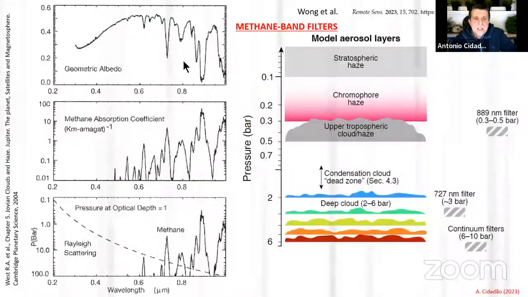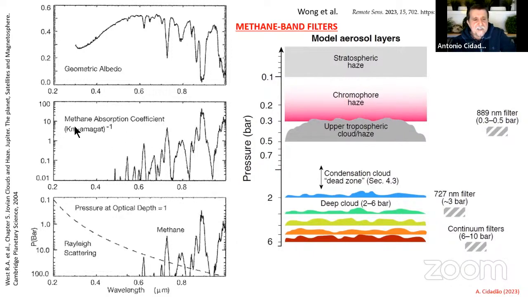I'll use in various slides these two graphs, which come from the literature, from this West chapter and from this recent long paper, which described the Jupiter geometric albedo along the spectrum, and the methane capability to analyze different bar levels in the atmosphere.